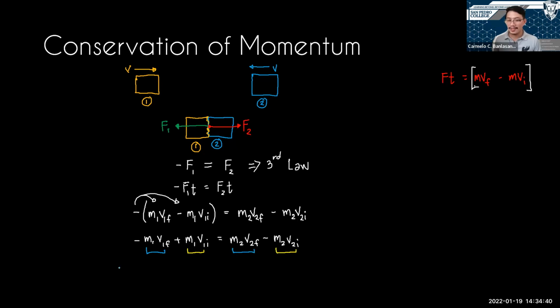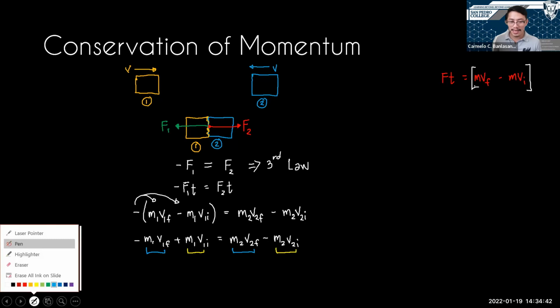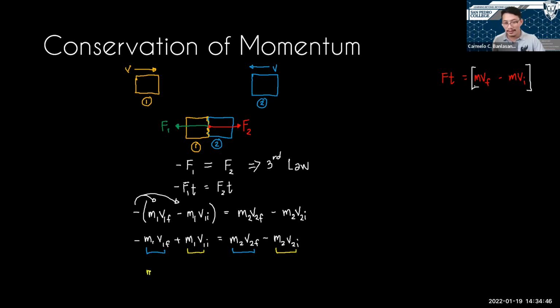Clear? So on this side, all are initial. In this case, M1 V1I, that's initial. This is negative, so when we transfer it to the other side, it becomes positive, plus M2 V2I. Clear? Initial. We just combine the initial.